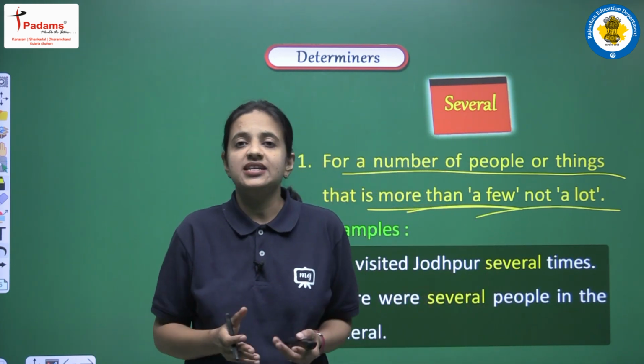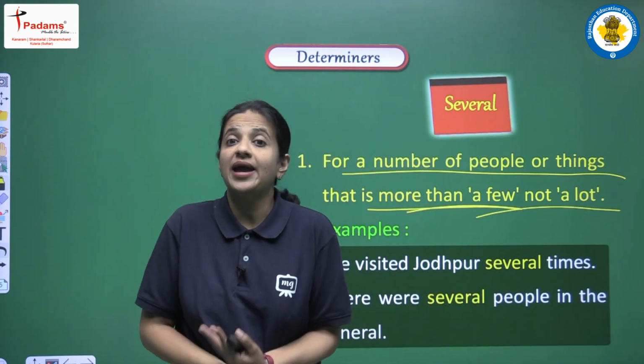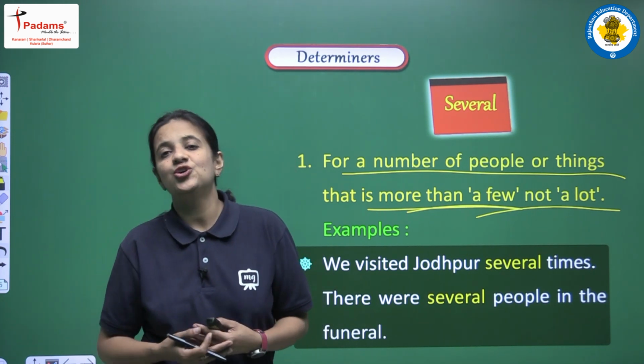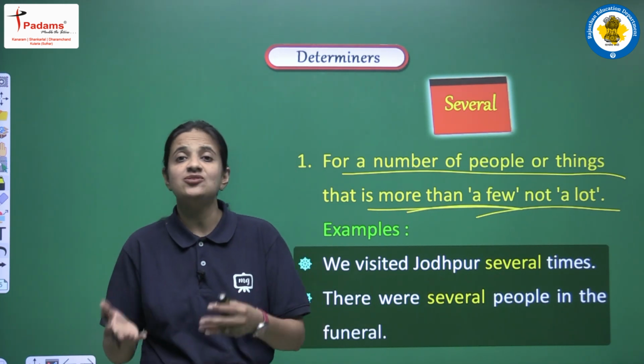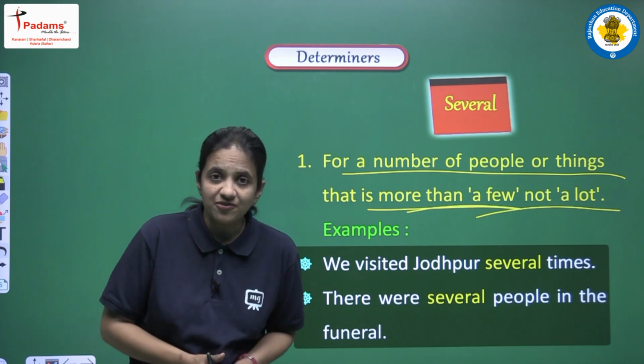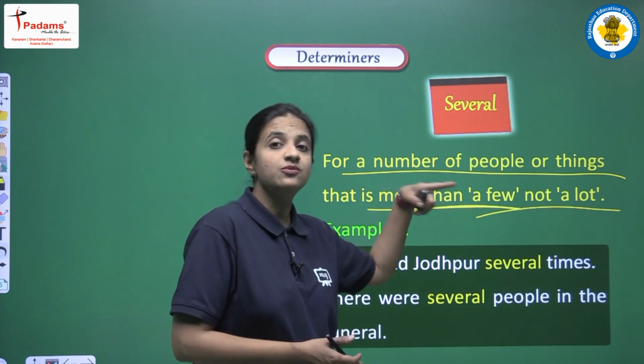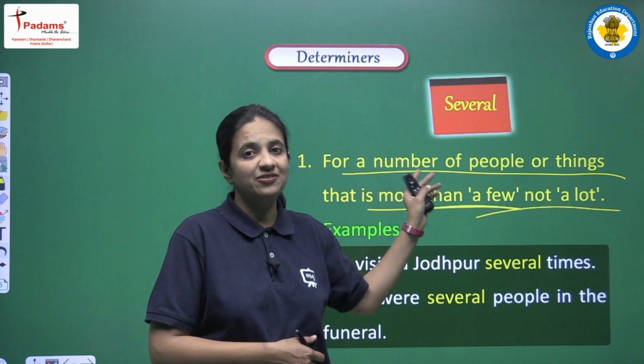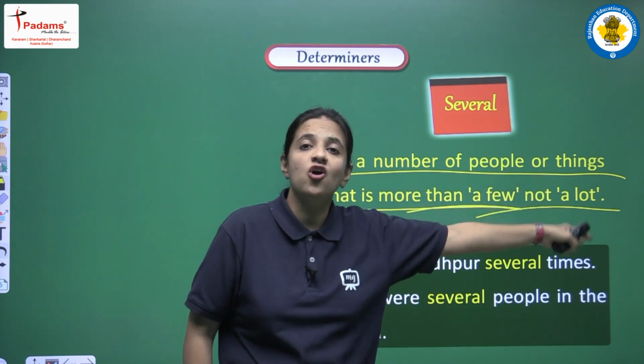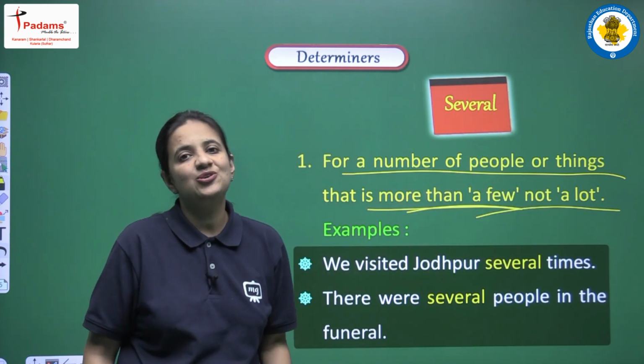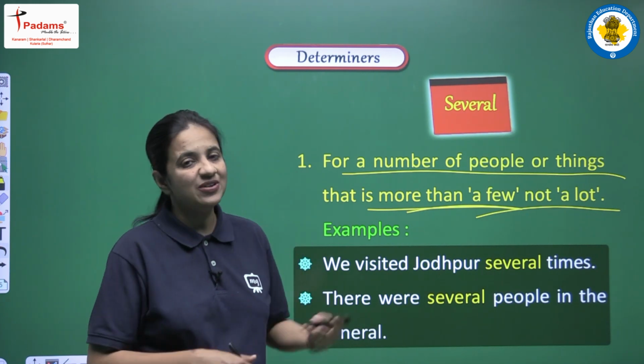So we can say several is just like many. When we want to show a number of things or a number of people, at that time we can use several, and several means more than a few but less than a lot.